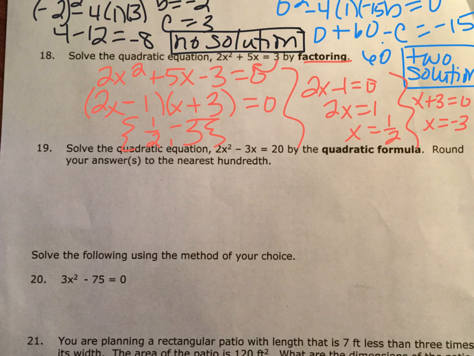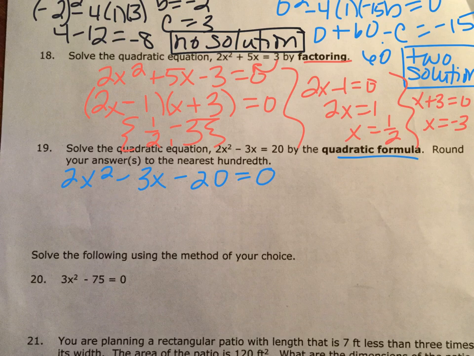Okay, so number 19 says we have to use the quadratic formula. Okay, again, this is not equal to 0, so I first have to fix that. So the trinomial I'm using in its standard form is -20 equals 0.